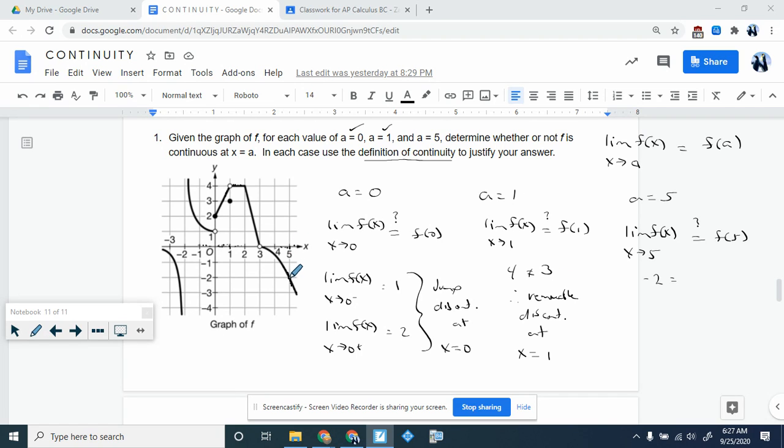Well, that would be this here. You don't have to have a big dot there for you to find the functional value. The functional value is that y value right there. So that's -2. The two-sided limit equals the functional value, and that means, by definition, we're continuous at 5. So therefore, f is continuous at the interior point x equals 5.